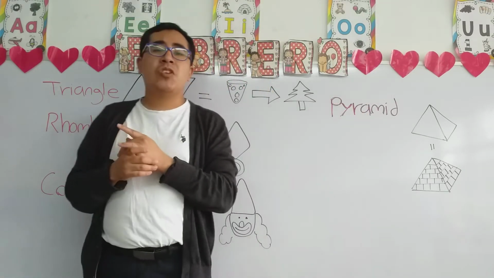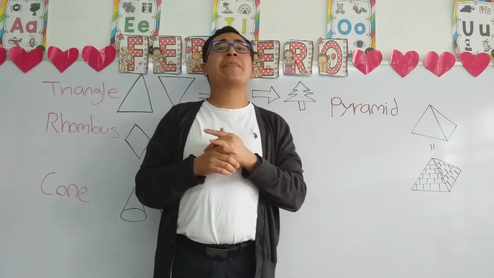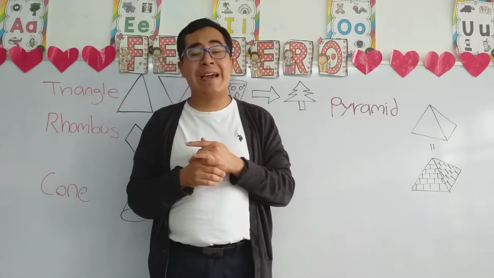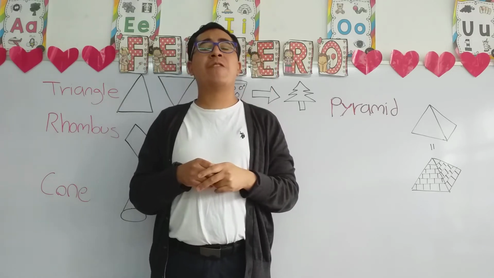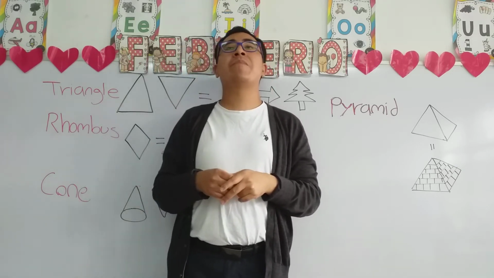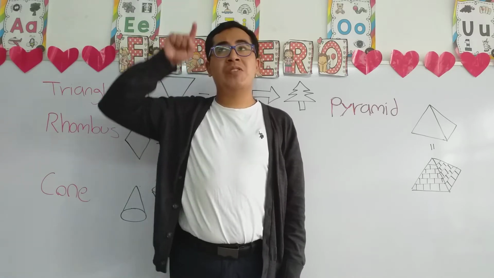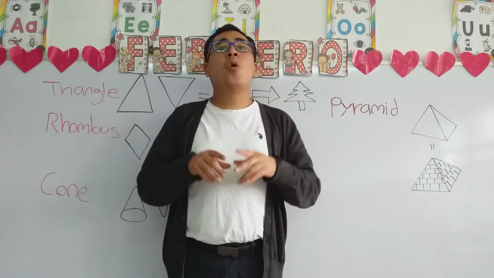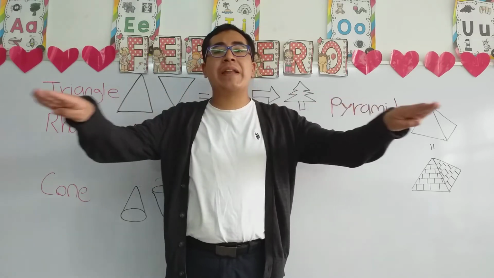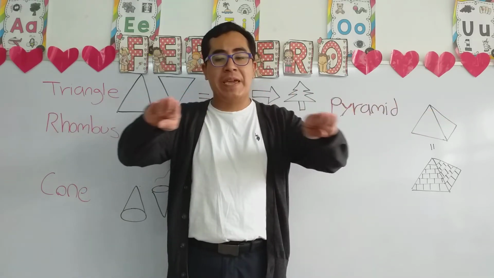Now, for geometric shapes, we started with the family of lines. We had three in general, starting with the vertical line. Remember the one that is well standing, la que está bien parada. Then we had horizontal line, the one that is sleeping.